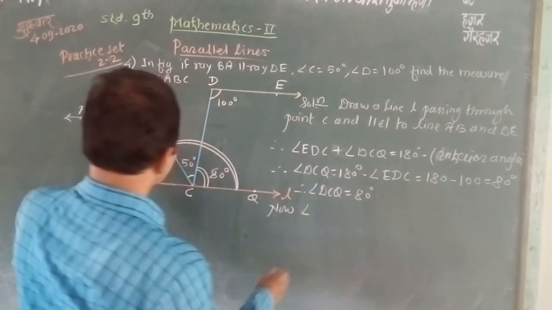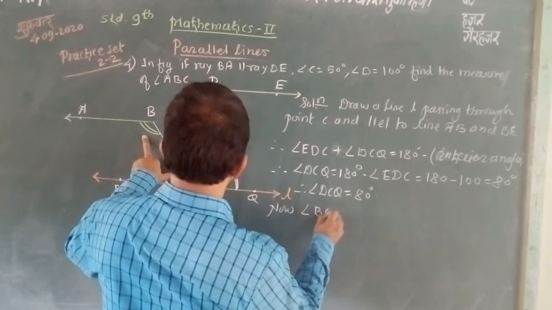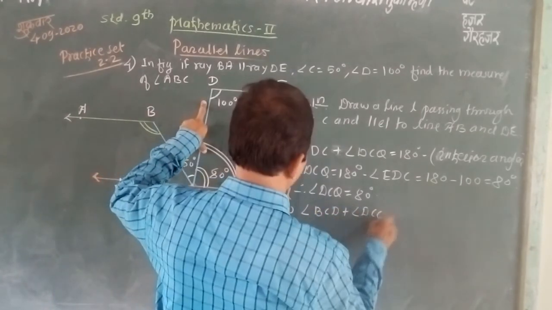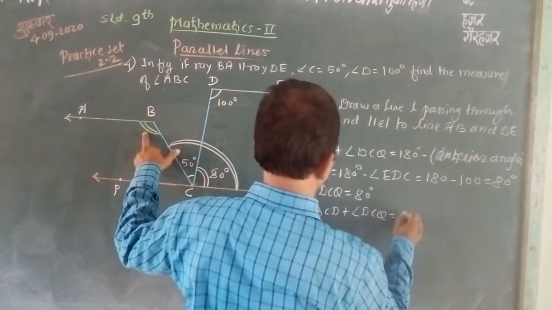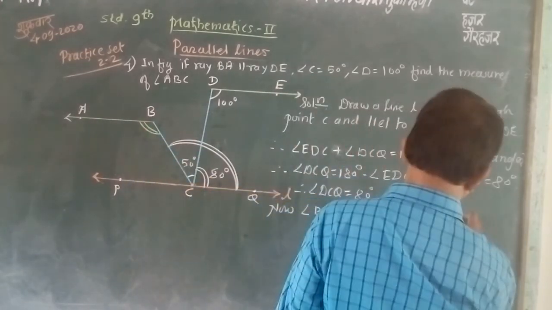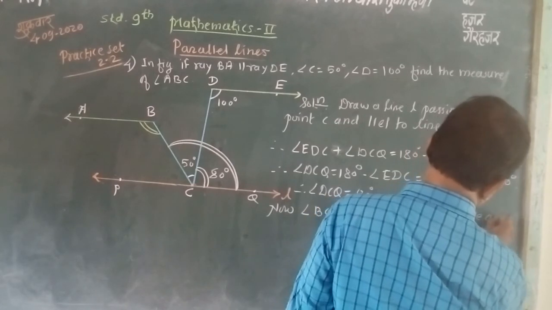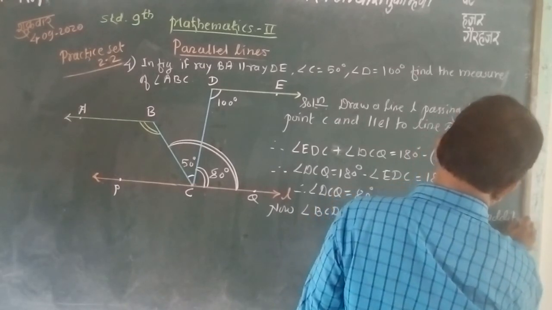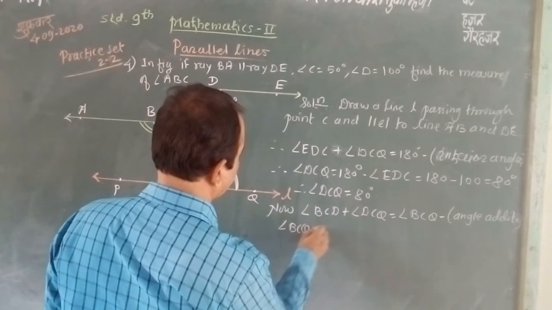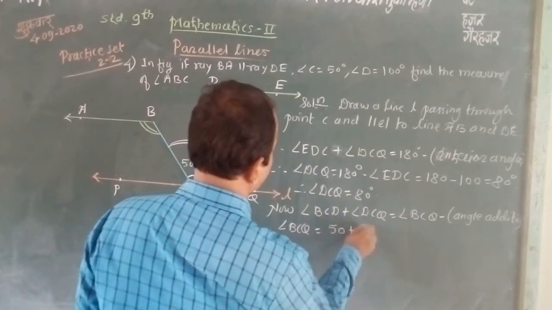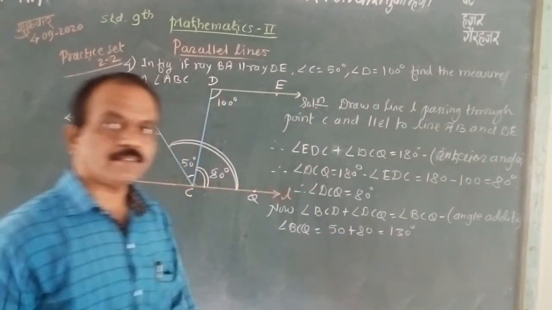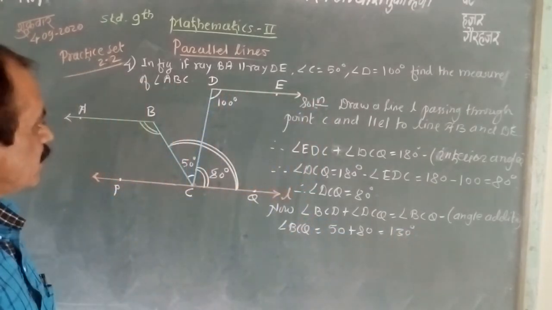Now angle BCD plus angle DCQ is equal to angle BCQ, by angle addition. We get angle BCQ is equal to 50 plus 80 is equal to 130.